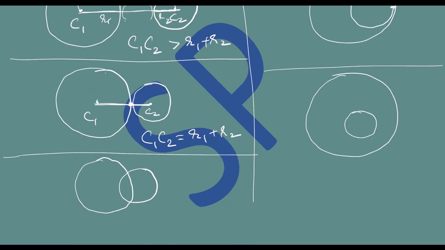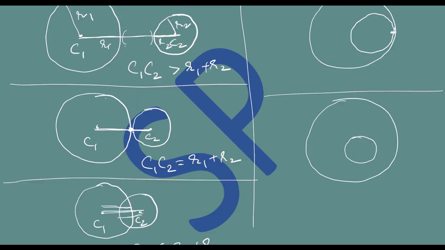Now here, if this is C1 and this is C2, I want you to observe this much is R1 and this much is R2. So if I add this R1 and R2, it is more than the distance between the centers, obvious to see. So C1C2 is less than R1 plus R2 here.